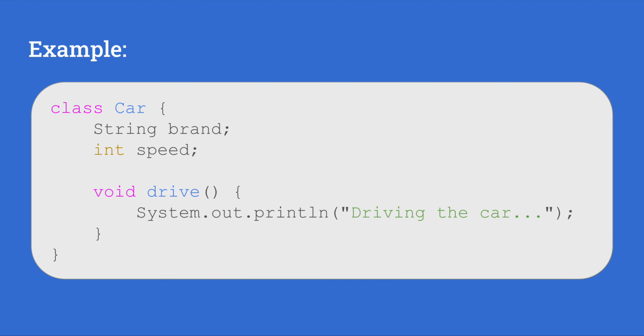For example, here we define Car as a class, and the attributes are a string car brand and an integer speed of the car, and our method is a void drive. Drive is a method. So here is the example of our Car class.